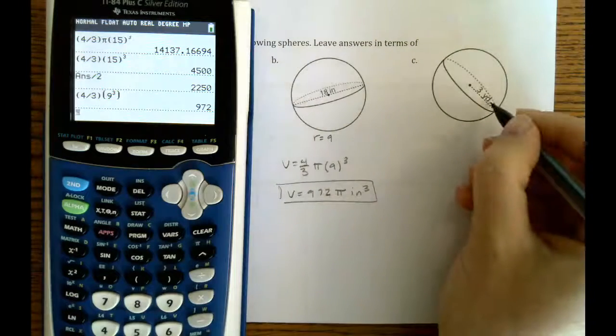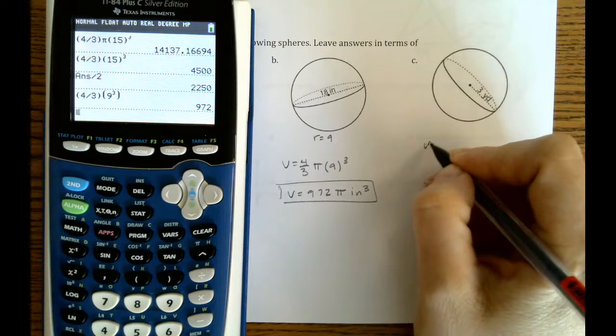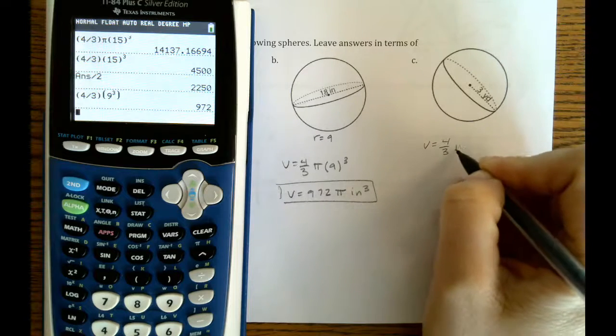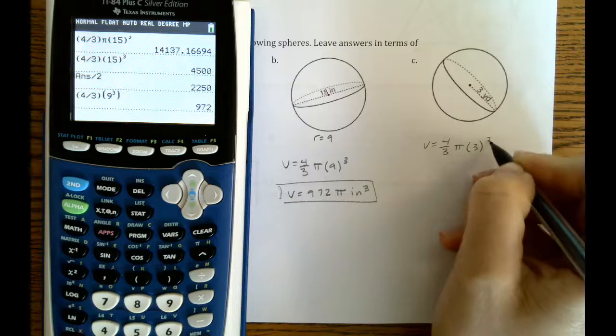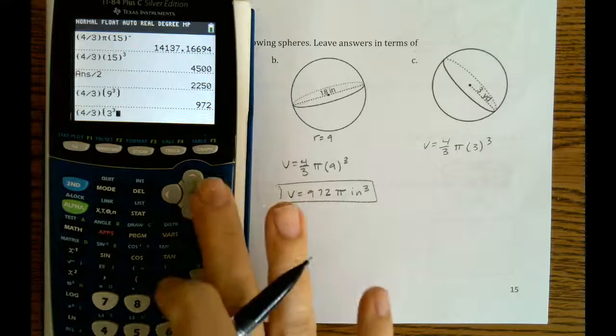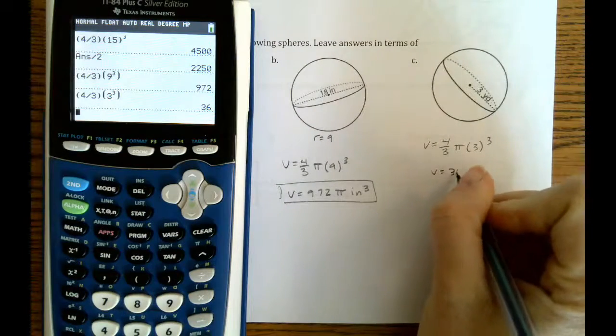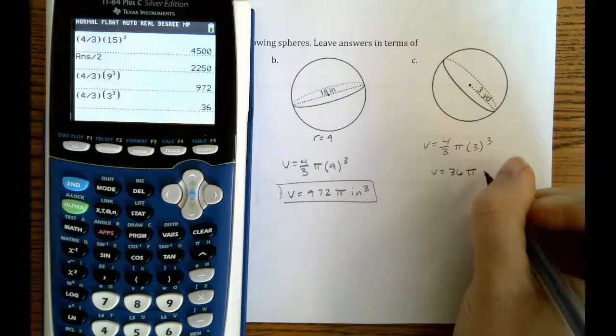And last, this is in yards. It's just showing that it's a radius of 3, so we don't have to change anything about that. So this will leave us with 36 pi, and this is in yards.